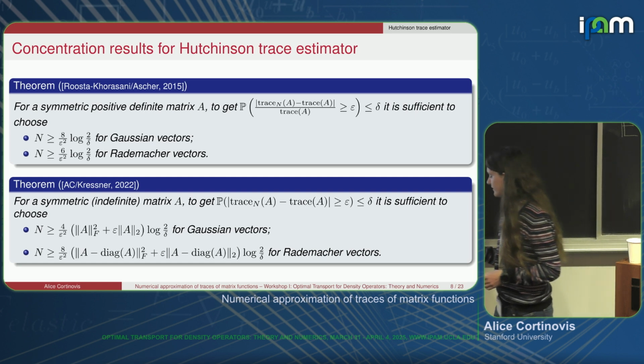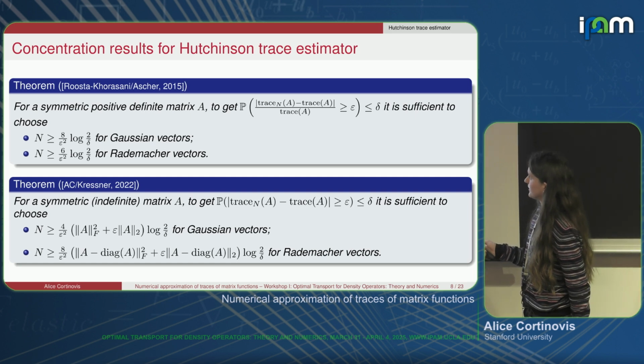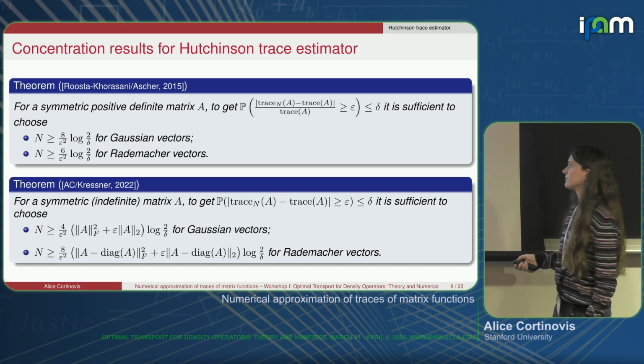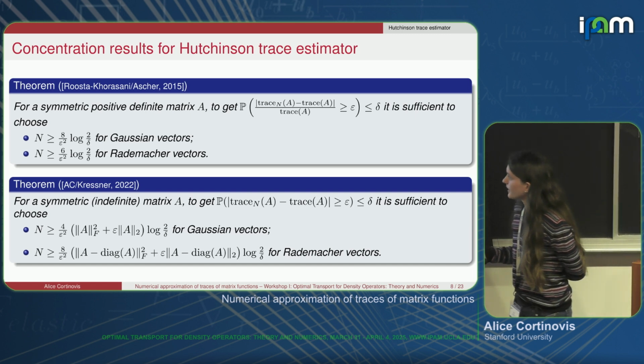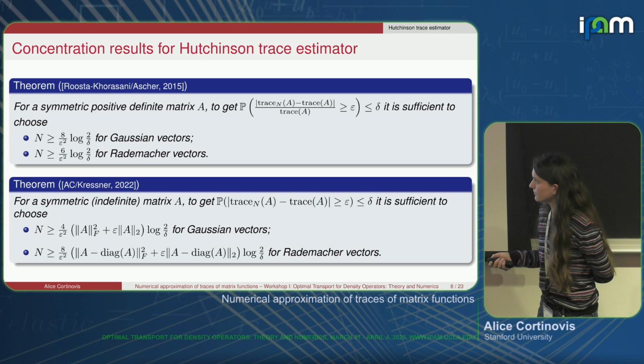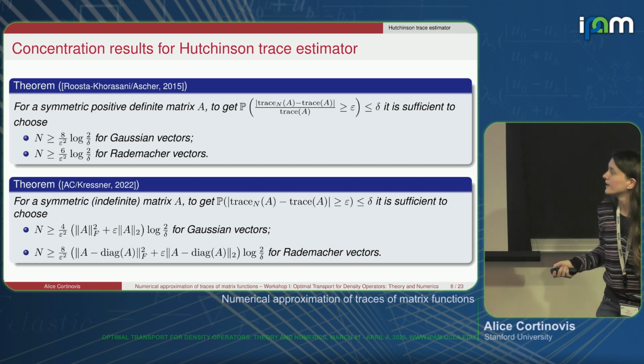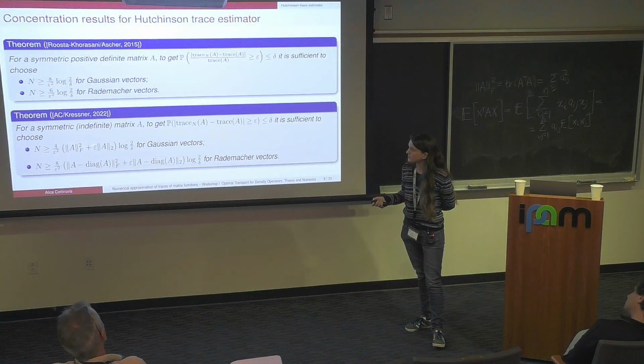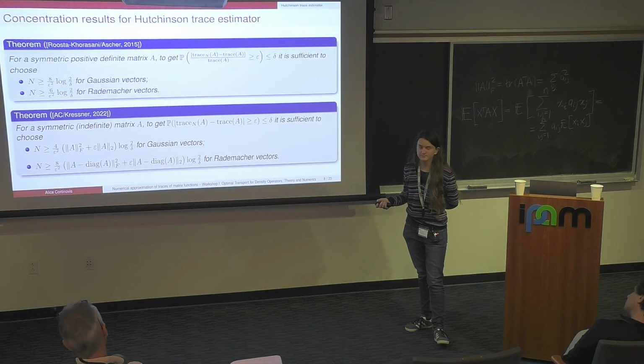So the best thing you can do is to get some bounds on the absolute error, and the number of samples depend again on this. They still have this logarithm of 2 over delta, they still have this epsilon square in the denominator, and they also depend explicitly on the Frobenius norm square of the matrix, plus some term which we can ignore.